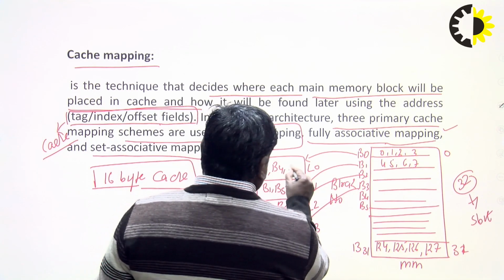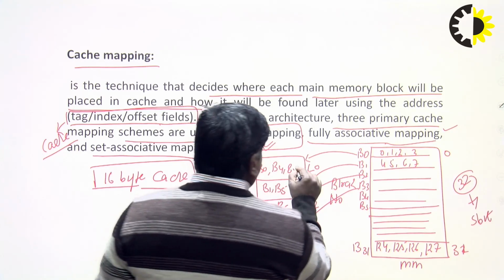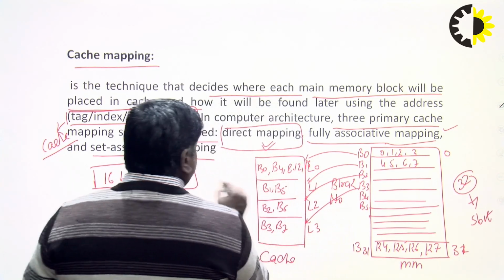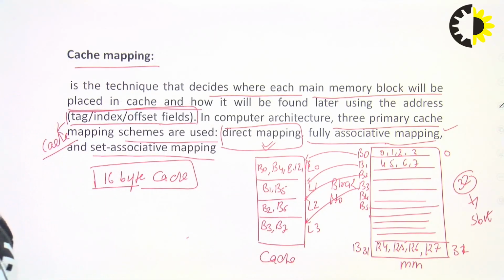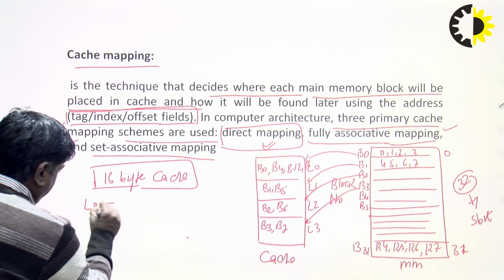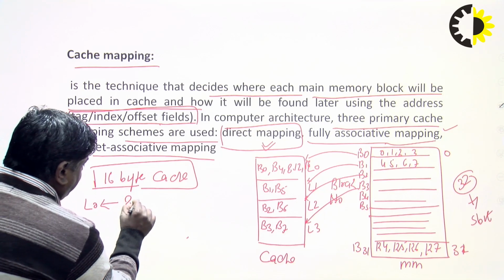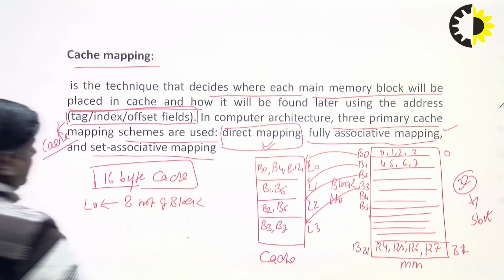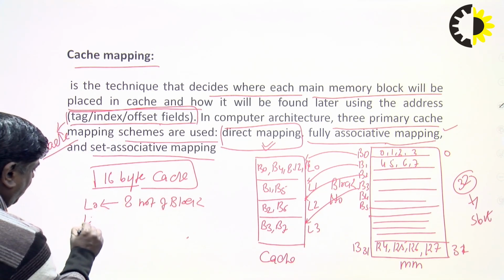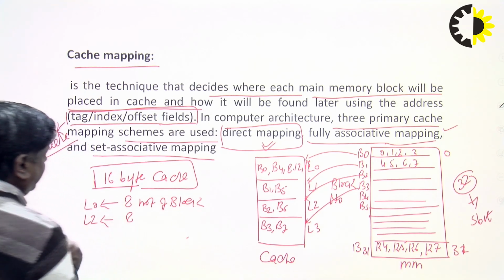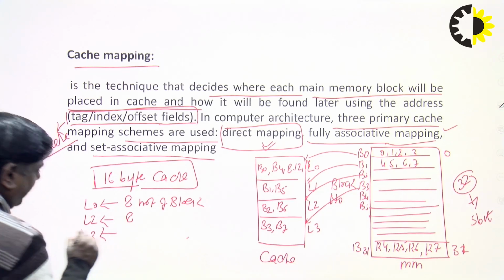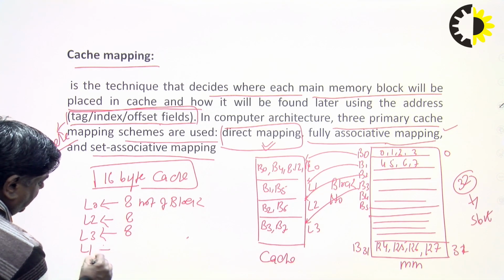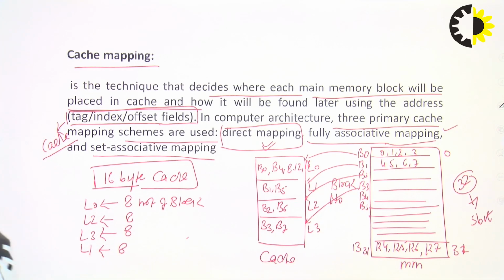Similarly B8, B12, B16. It means line number L0 can accumulate 8 blocks. Similarly, L2 can also accumulate 8 blocks, L3 can also accumulate 8 blocks, and L1 can also accumulate 8 blocks.